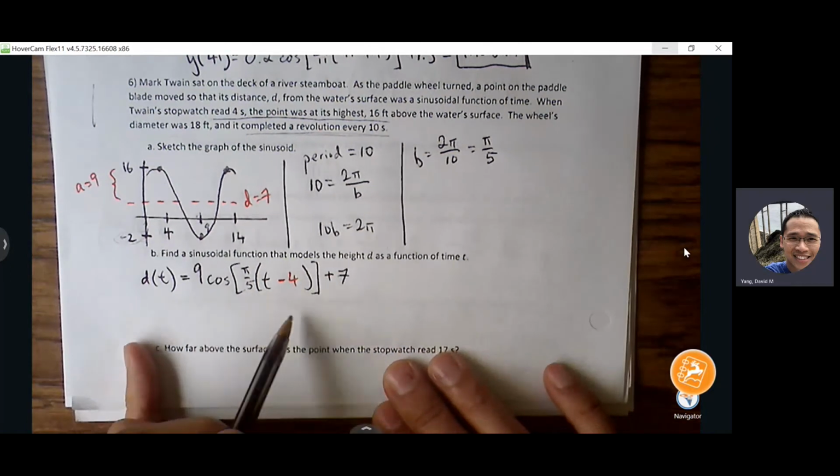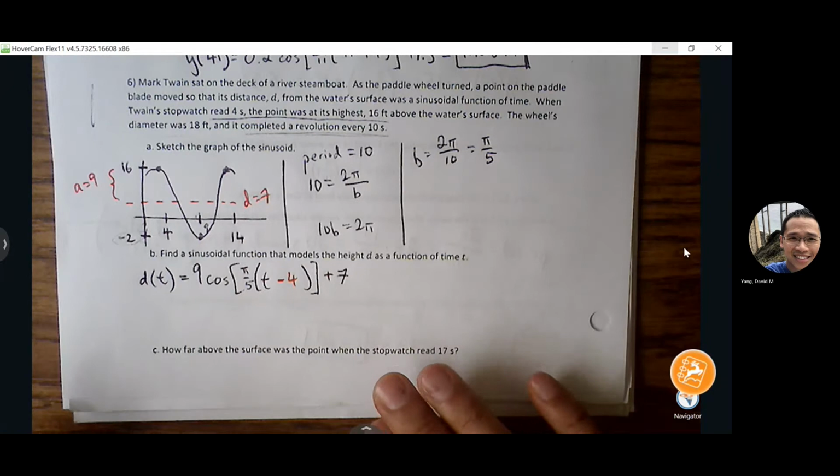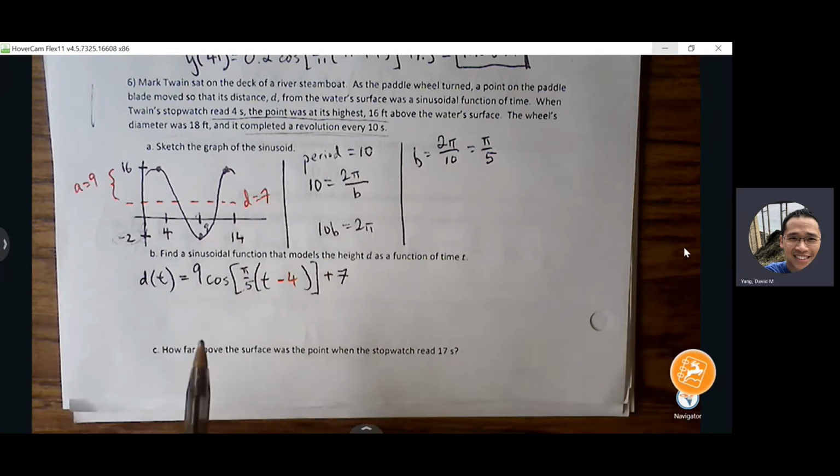So are you good with the cosine function? Okay. Now, what if you're forced to write the sine function?